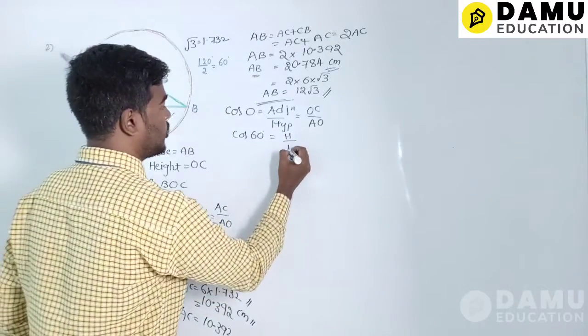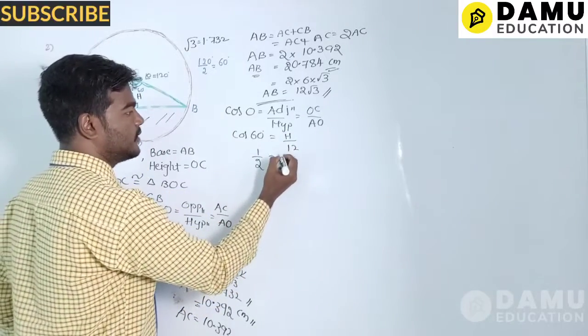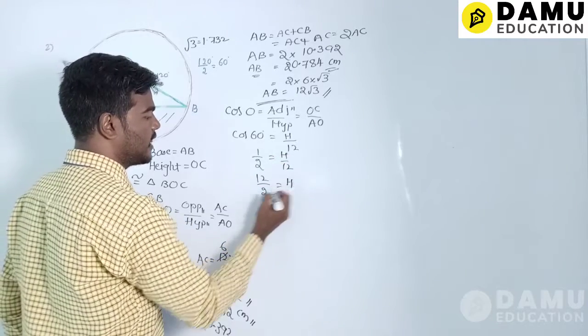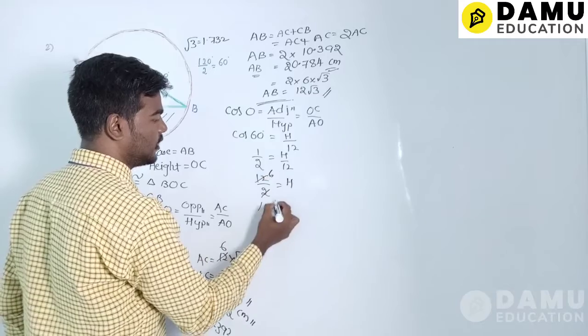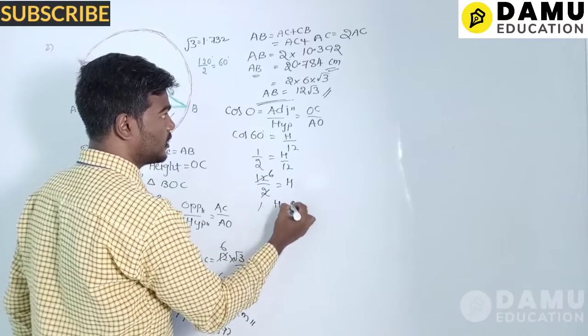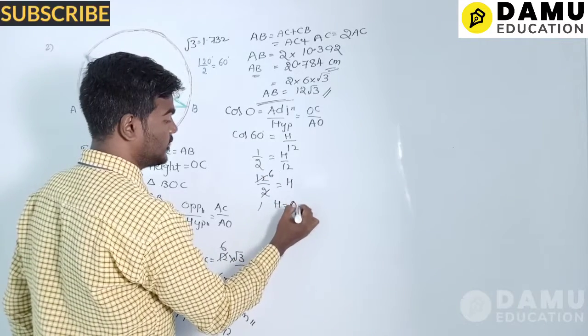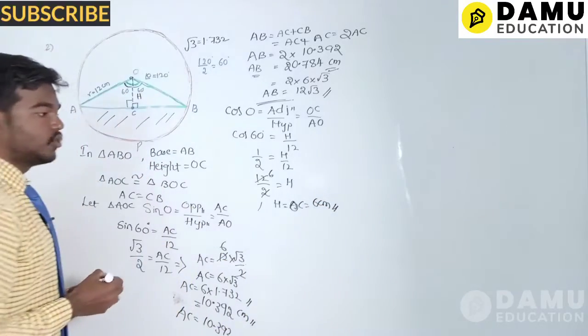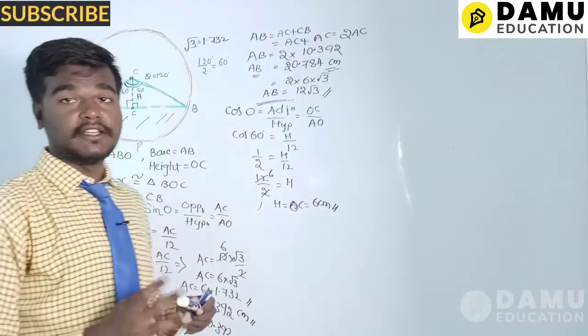AO is equal to 12. So 1 by 2 is equal to H by 12. So 12 by 2 is the height: 2 6s are 12. So OC is equal to 6 centimeter. So we got the height also.